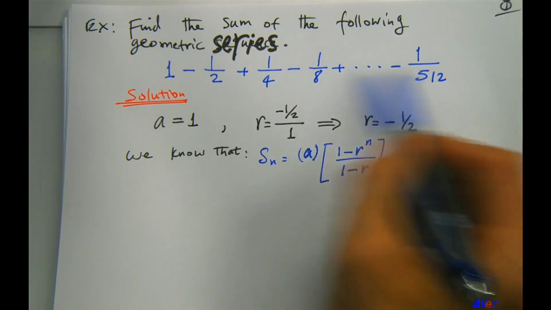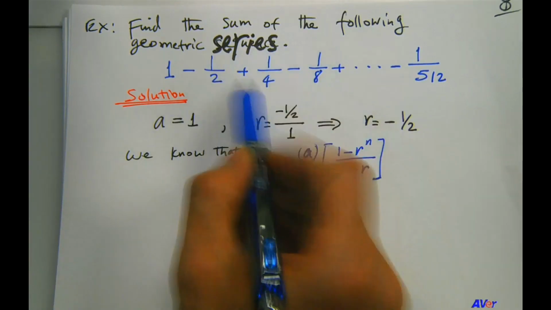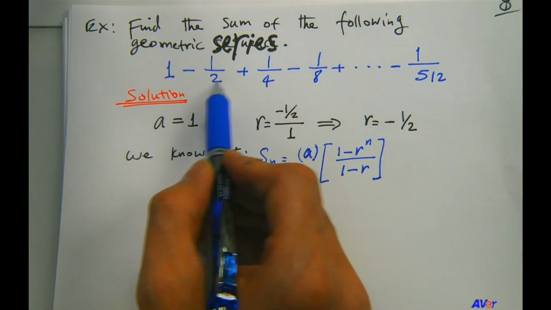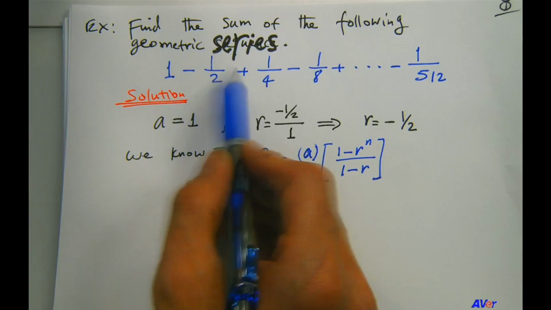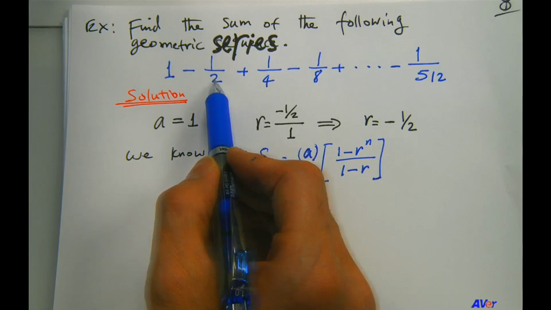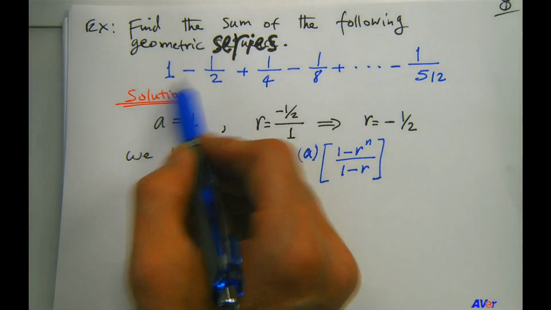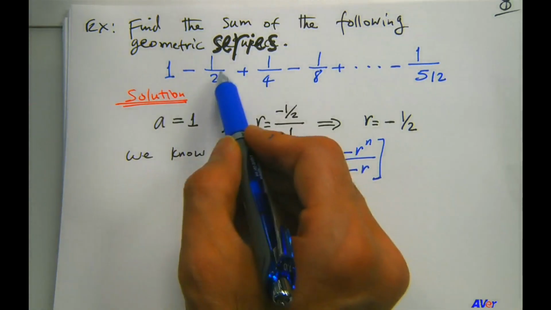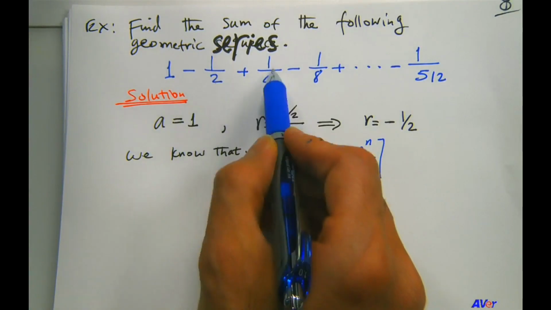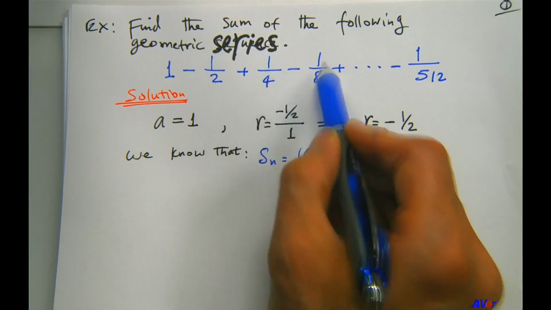Because there's a relationship here, you can quickly see that the denominators are 2 to some power, right? So this one would be 2 to the 0 power, which is 1, which is not written. 2 to the power 1 is 2. 2 to the second power is 4. 2 to the third power is 8.